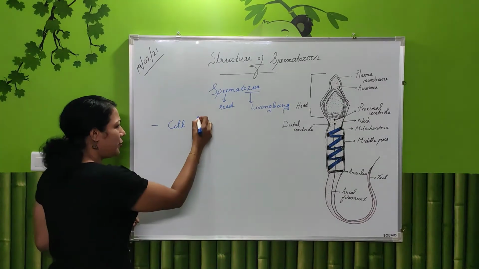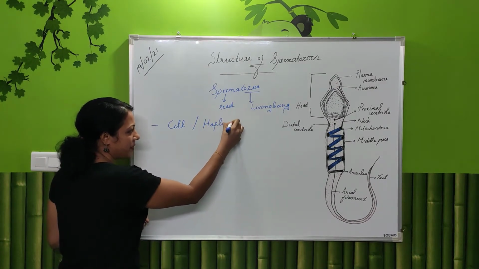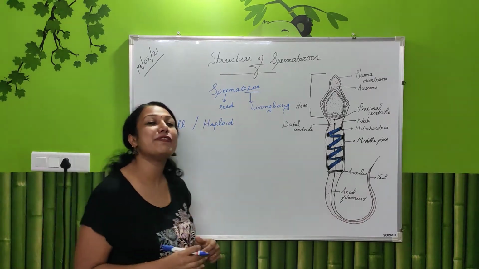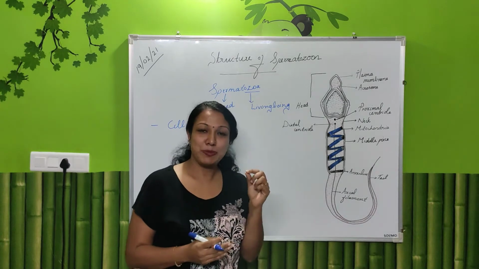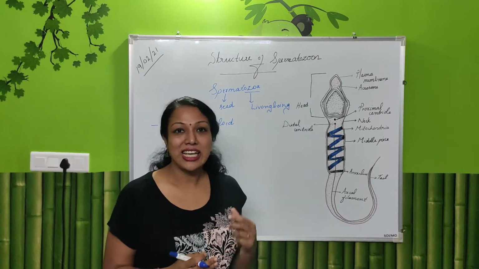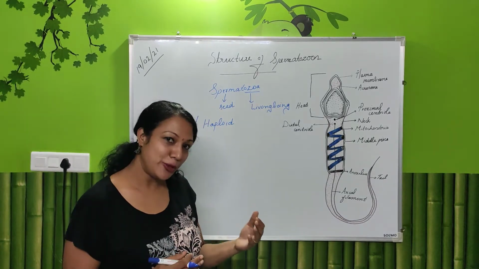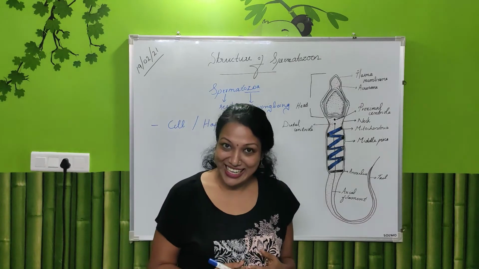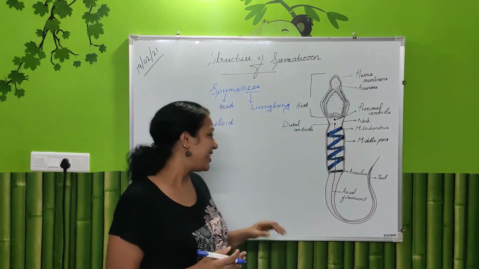It's haploid, so you can create a definition from these points. Sperms are cells which contain haploid content of chromosomes. In human beings, we know that 23 chromosomes are present.